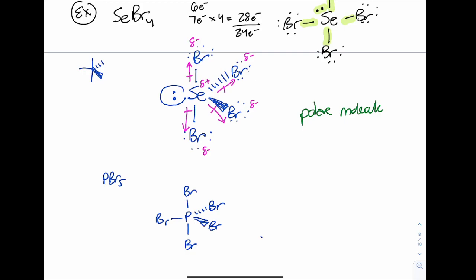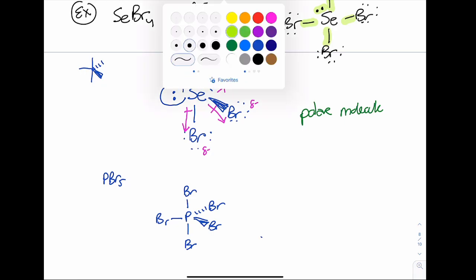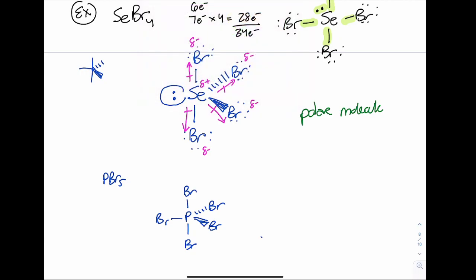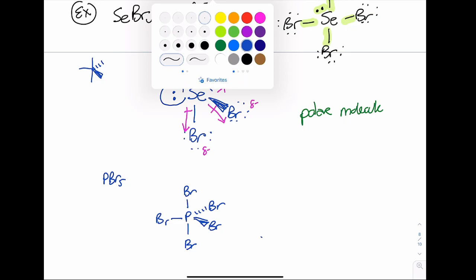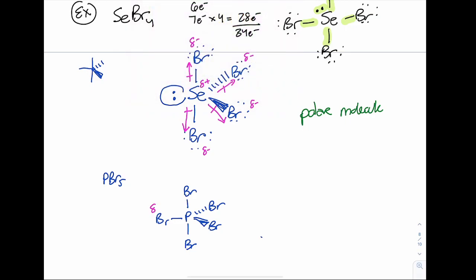And it's not that there's a lone pair there, it's the fact that there isn't a bond there. I can have molecules that have lone pairs that are non-polar. So I don't want you to assume that just because there's a lone pair that it's polar. That's not going to be true. So if you're looking kind of for a shortcut, that's not going to work for you. So just watch out for that. So all my bromines here.